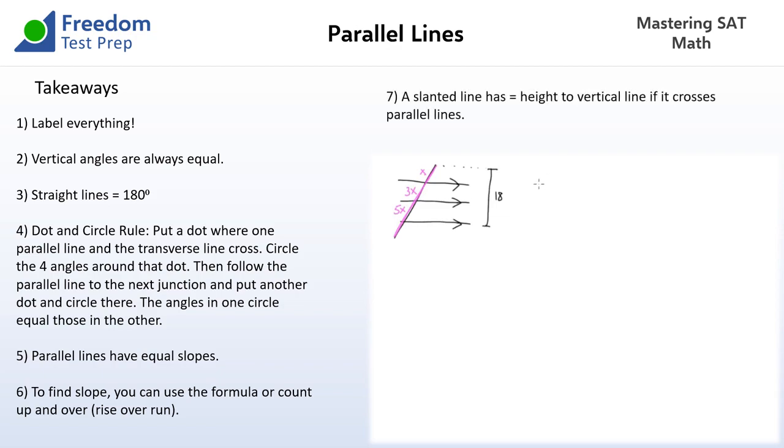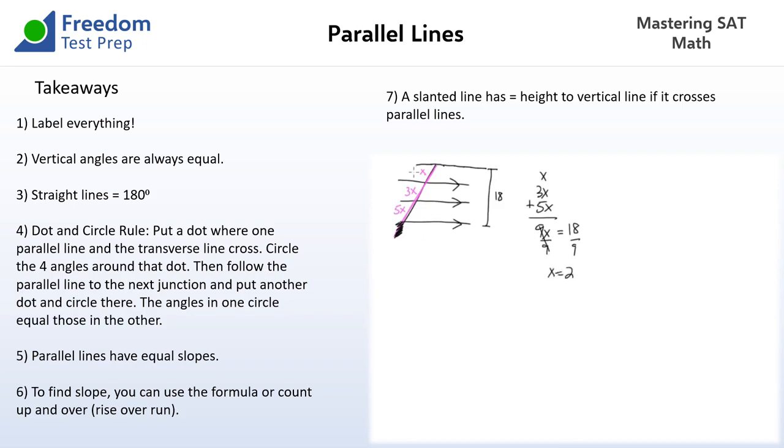Okay, so when you see parallel lines, you can add up the entirety of it, it just goes from here to here, like that. You can add up the x and the 3x and the 5x. If we add those, we get 9x. That is going to be equal to the 18. And then we can just divide out the 9, and we get x is 2.